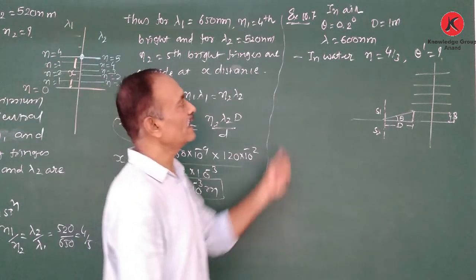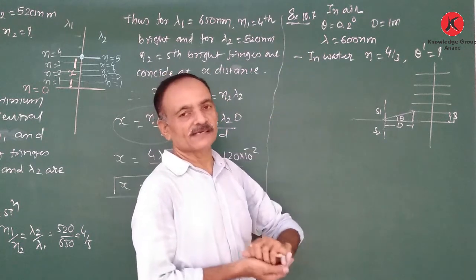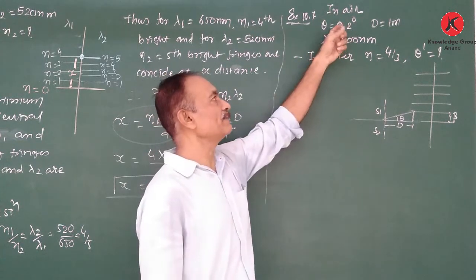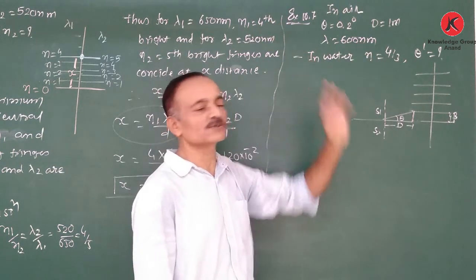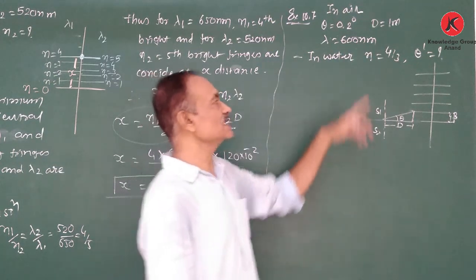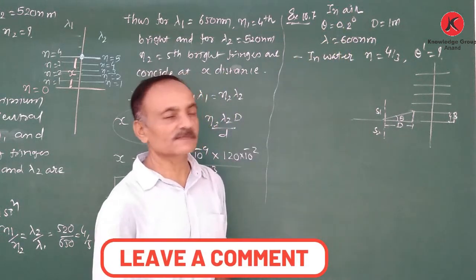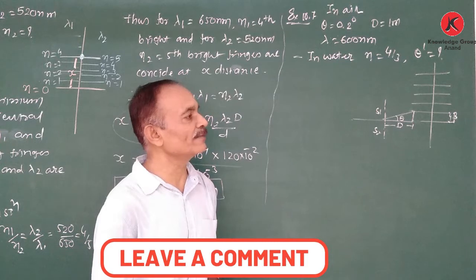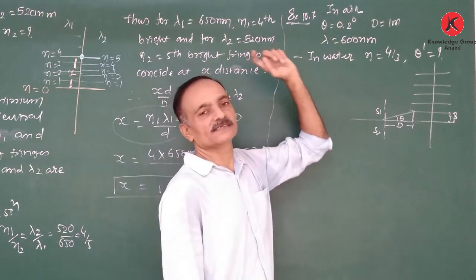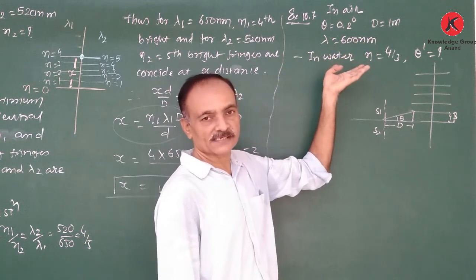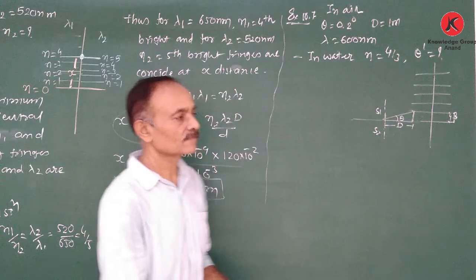Okay. Now, in this example, what is given? In Young's double slit experiment, the angular width of a bright fringe is theta is equal to 0.2 degree. The screen is placed at 1 meter distance from the slit, and the wavelength of the light used is 600 nanometer. Find the angular width of a bright fringe when this arrangement is immersed in water.